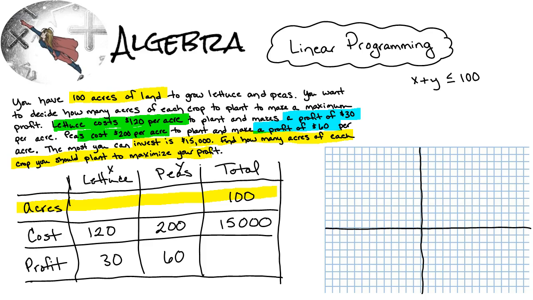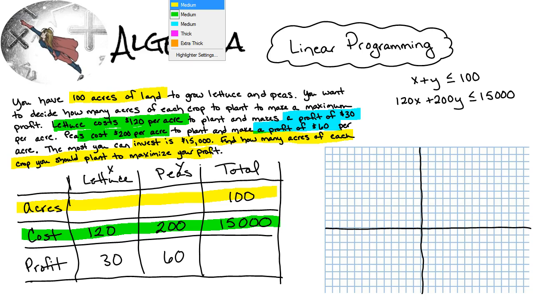Then I just take the next row, which was called cost. It's all of those numbers, and I make an inequality out of that row, which would be 120x plus 200y, and that has to stay less than or equal to 15,000, because we're not allowed to spend more than 15,000 to plant the crops.